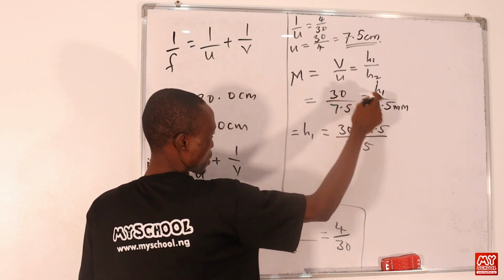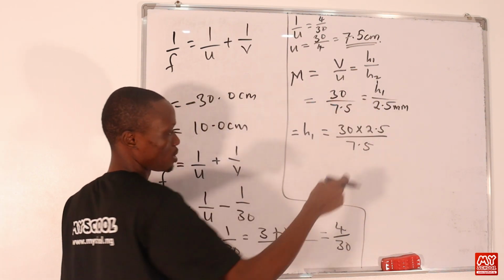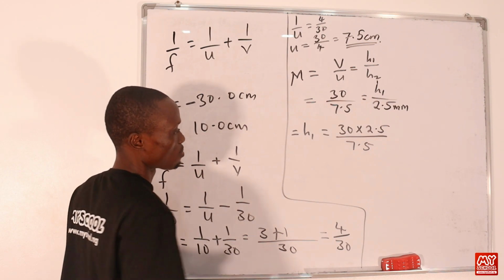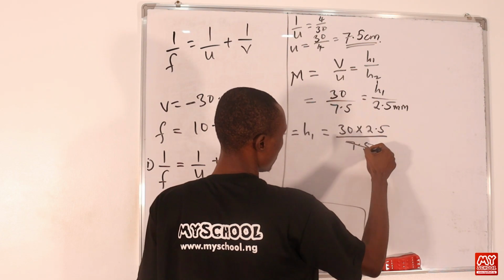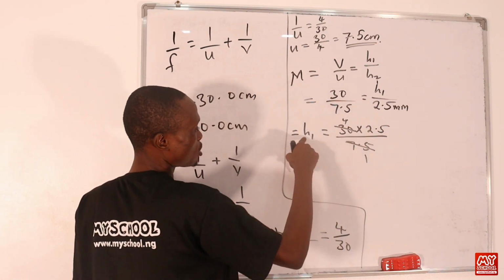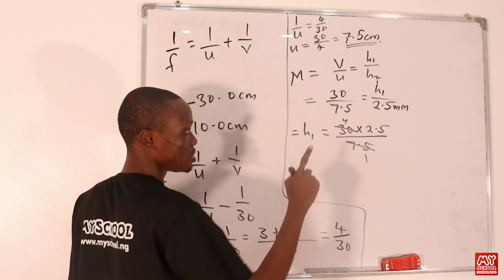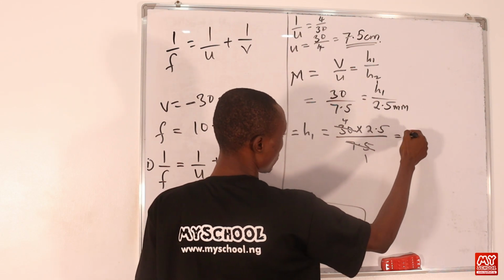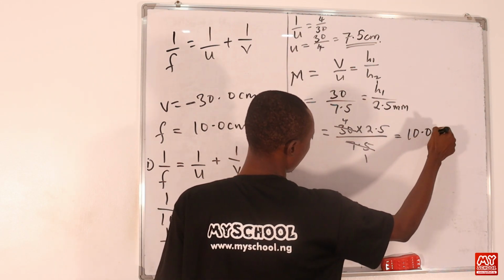So I just cross multiply and make H1 the subject of the formula, which is the size of the image, right? So 7.5 here is 1 and 7.5 here is 4. So H1, which is the size of the image, is now equals to 4 times 2.5. And 4 times 2.5, that will be equals to 10.0 mm.